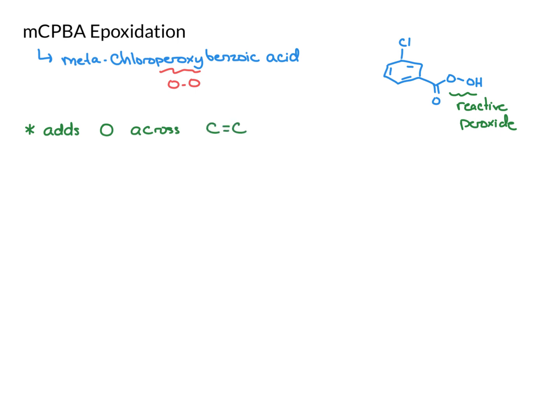So you can imagine if we have something with an alkene in it, and we use mCPBA as the reagent, what we're effectively doing is adding an oxygen across that double bond. The double bond goes away. And if we form a single bond to the oxygen with each carbon that was part of the double bond, we get our epoxide.